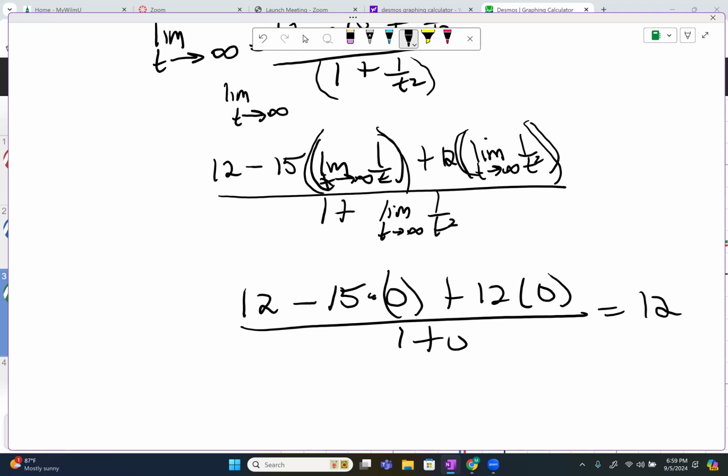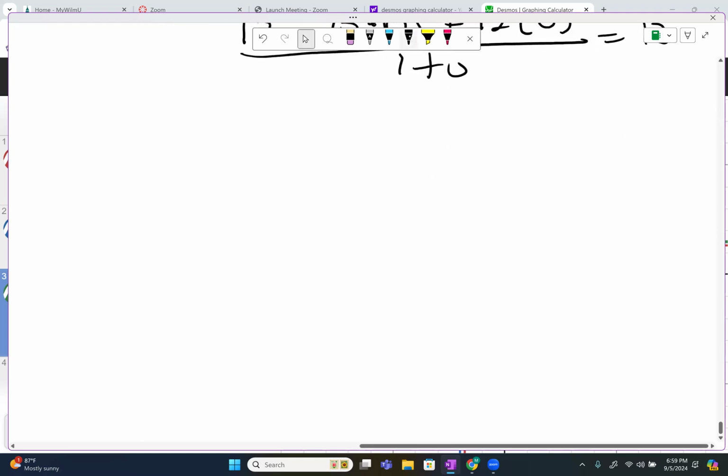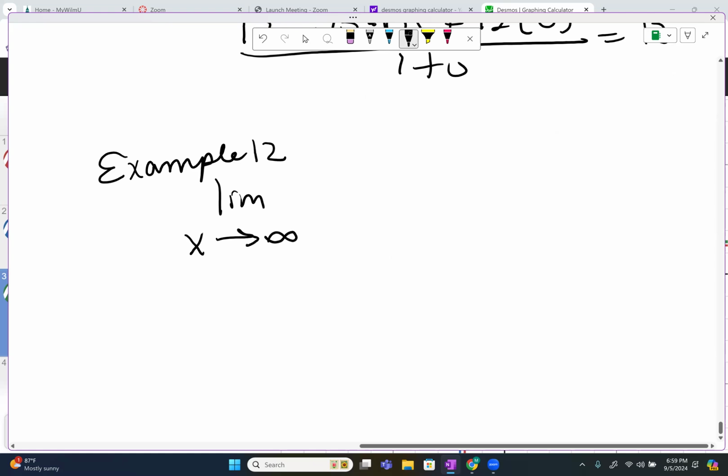All right. The next example is example 12. And in that case, we're going to do the limit as x reaches infinity.